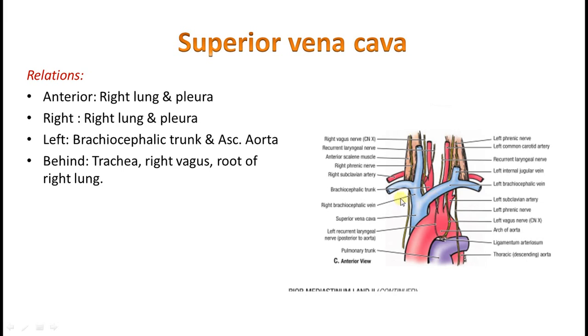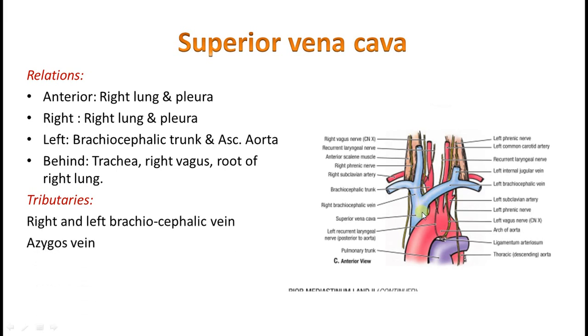So here you are able to see the formation of the superior vena cava and its tributaries. The formative tributaries are the right and left brachiocephalic veins. Then the azygos vein will enter just before piercing the fibrous pericardium. Apart from that, you have some pericardial and mediastinal veins.